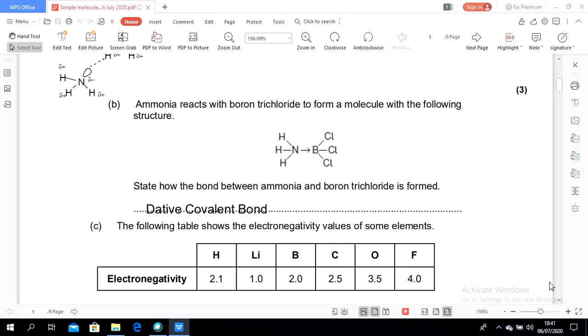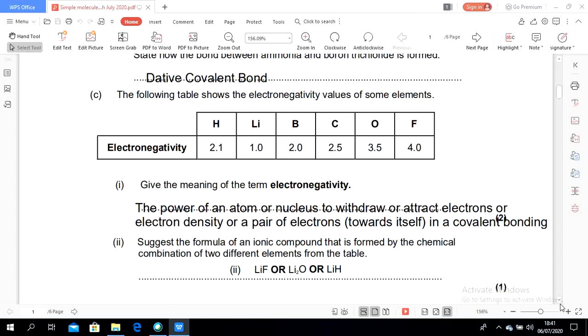So, dative covalent bond. And then for the electronegativity, number C, we know that electronegativity from left to the right increases. Electronegativity is the ability of an atom or element to attract electrons, or to withdraw electrons from another element or another atom, of course in a covalent bond.